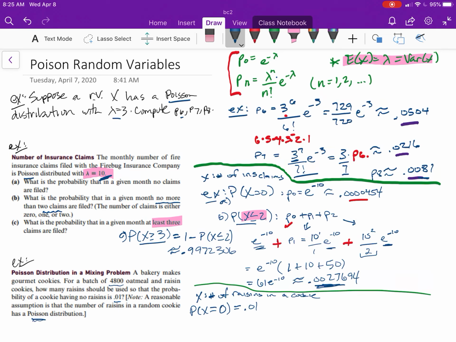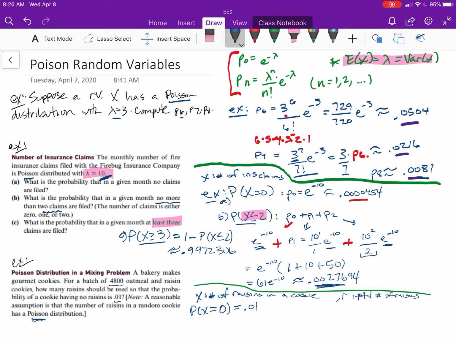So then we want to know how many total raisins should they use. Let's go ahead and use R as the variable. We'll say R is the total number of raisins for this entire batch of 4,800 cookies.